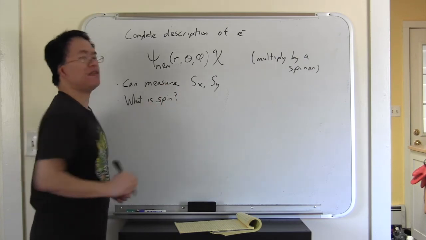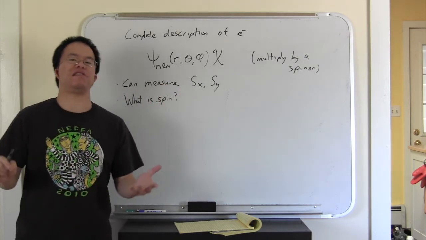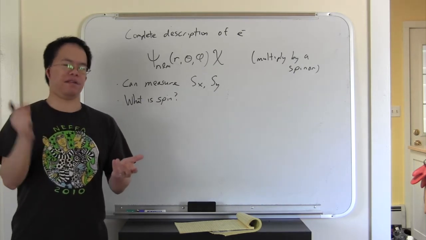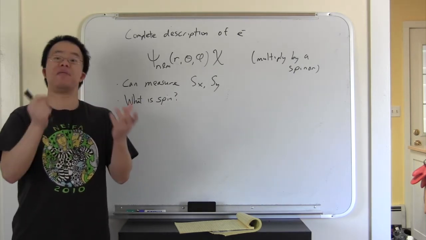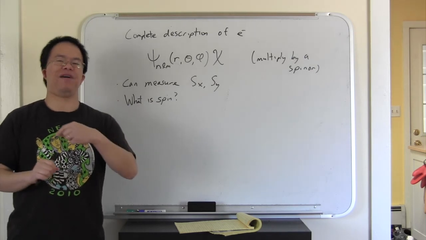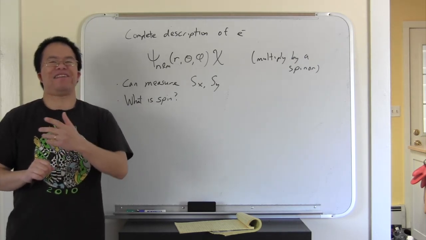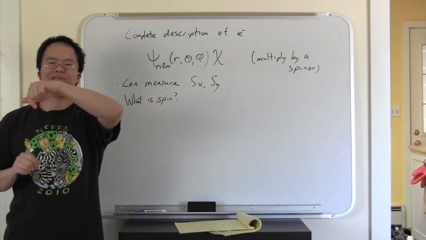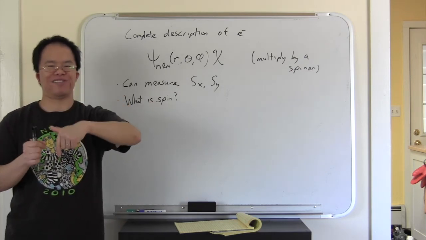As I mentioned, spin is an intrinsic property of the electron. It may be tempting to think of an electron as a spinning ball of charge, kind of like how the Earth is orbiting the sun, yet the Earth is also rotating on its own axis.